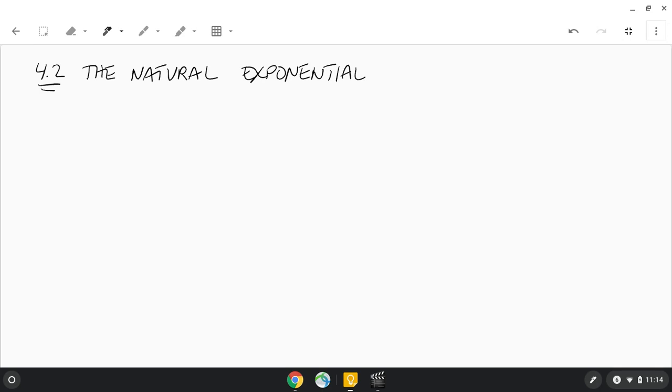This is also an exponential function. It's a very special one where the base is the number e, Euler's number. So we'll talk about that.